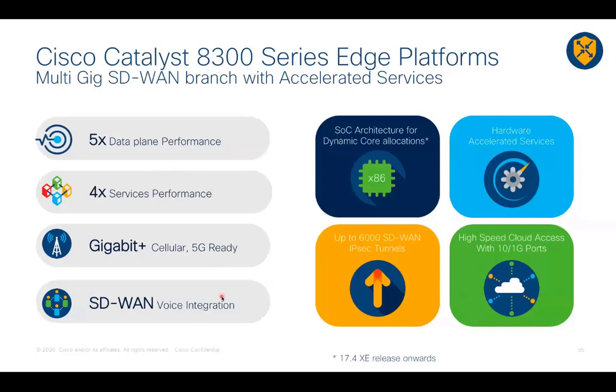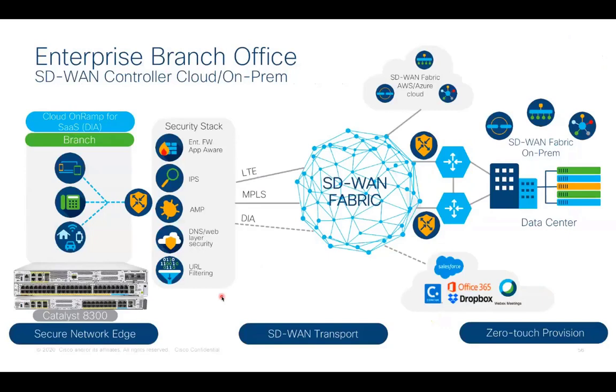So let's go through some of the interesting use cases where the 8300 series platforms can be positioned, and I'm specifically focusing more on enterprise customer business networks on a secure SD-WAN edge.